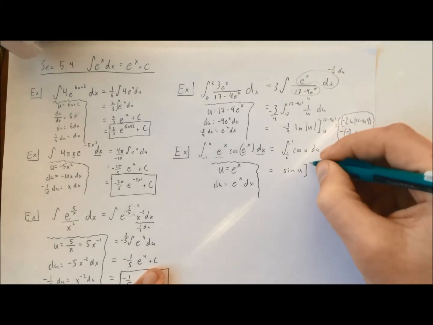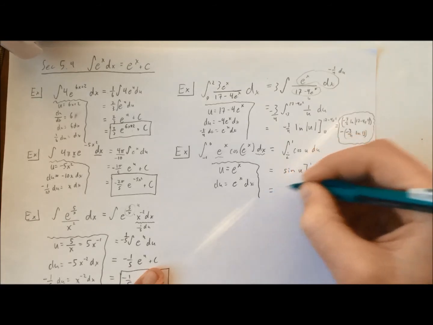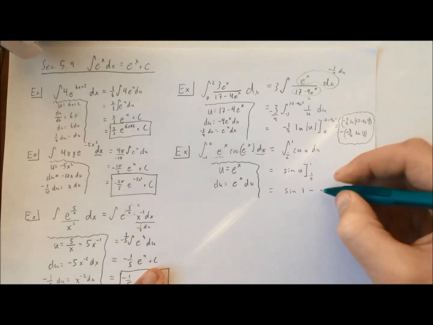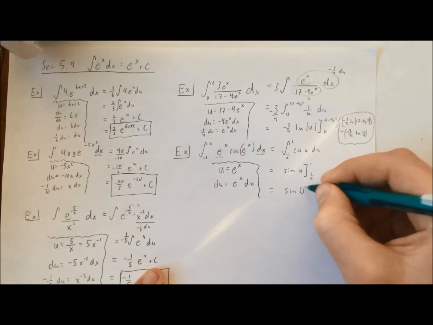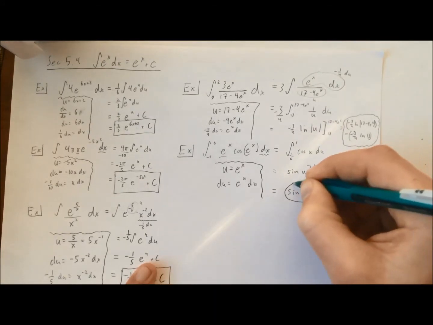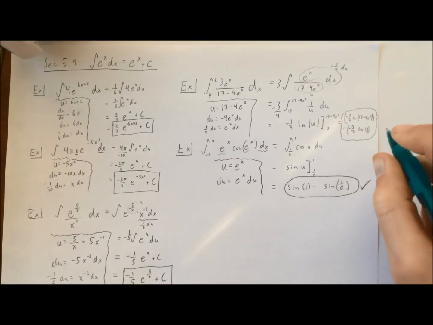And I'm going to plug in the limits 1 and 1 over e. So my answer is going to be the sine of 1 minus the sine of 1 over e. There we go.